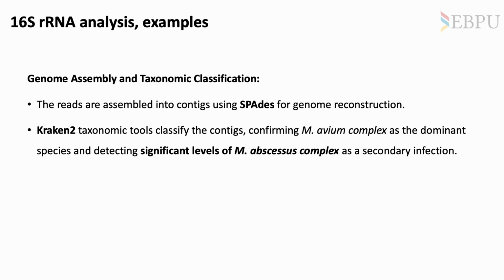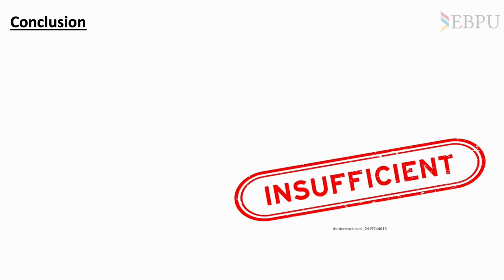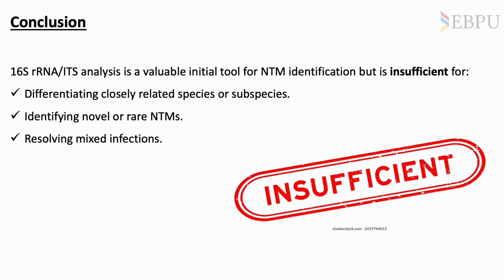The reads are assembled into contigs using SPAdes for genome reconstruction, and Kraken 2 taxonomic tools classify the contigs, confirming M. avium complex as the dominant species and detecting a significant level of Mycobacterium abscessus as a secondary infection. So the conclusion is that 16S rRNA alone is not sufficient for the proper identification of subspecies and also for mixed infections.